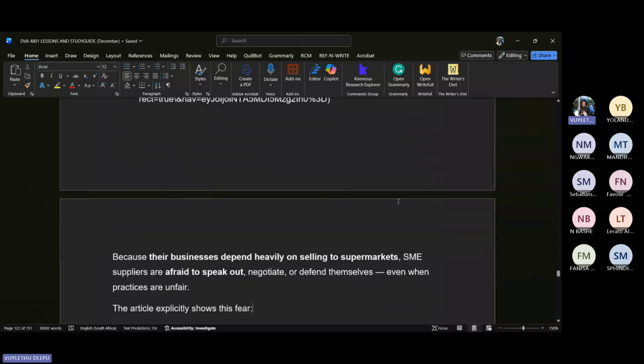Because their business depends heavily on selling to supermarkets, SME suppliers are afraid to speak out, negotiate, or defend themselves, even when practices are unfair.